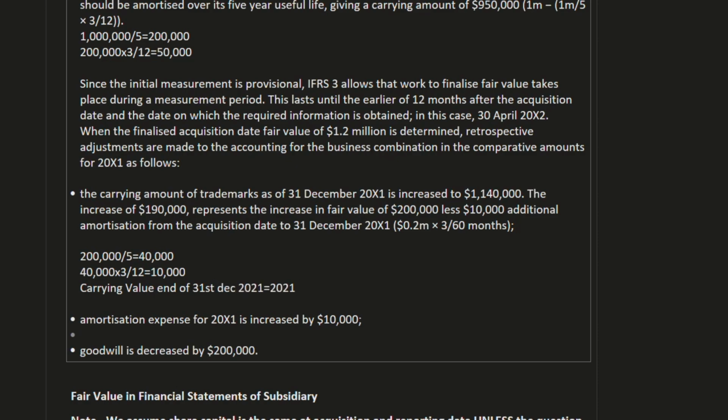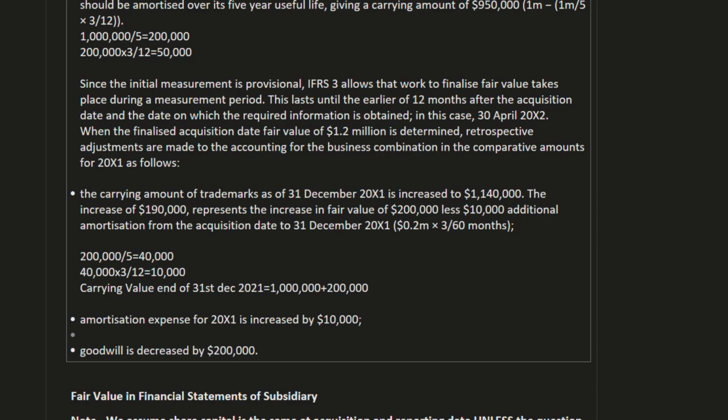First, we take the 1 million amount, then add the 200,000 increased value because of the valuation.